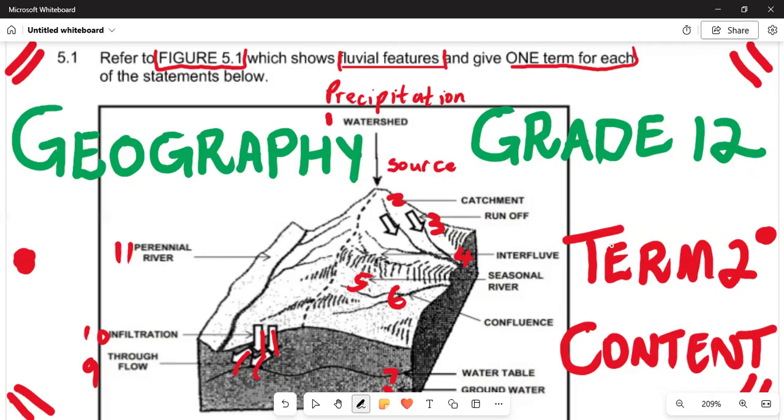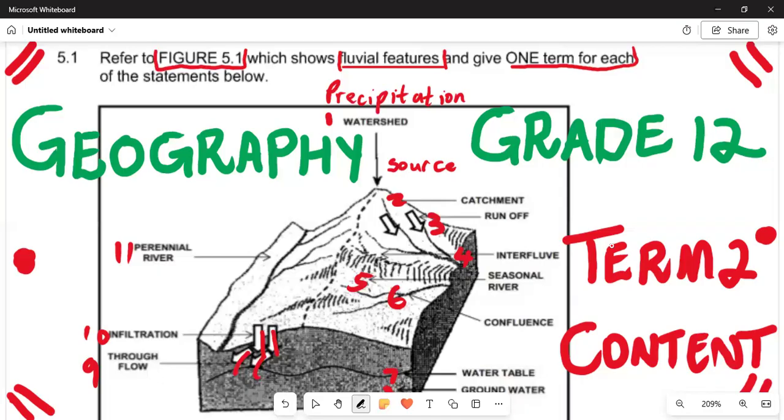Remember that when you are talking about a river system, you must be able to explain to us very well how the river catchment, or how the river is dense in terms of absorbing water from precipitation. So the first key concept that you need to understand is the term precipitation. As geographers, anything that falls from the sky is indeed precipitation.